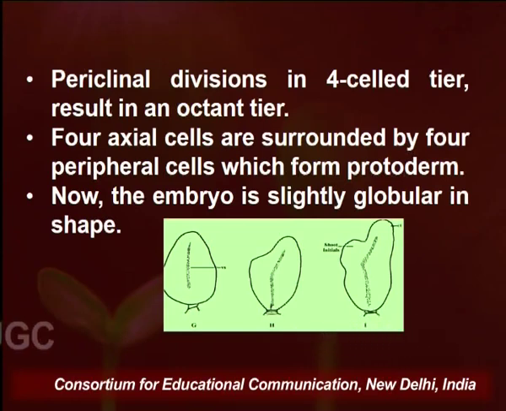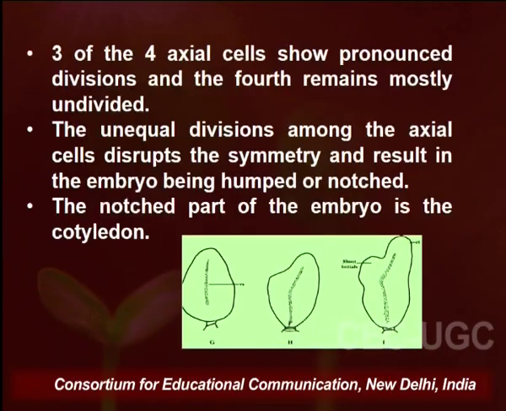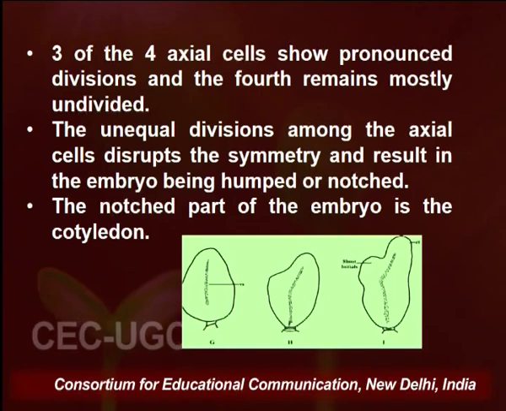Now the embryo is slightly globular in shape. You can see the first diagram over here. 3 of the 4 axial cells show pronounced divisions, and the 4th remains mostly undivided. So, there are unequal divisions occurring among the axial cells.